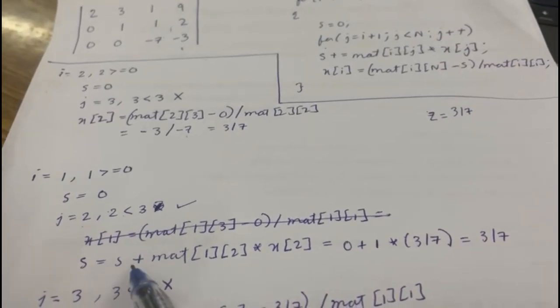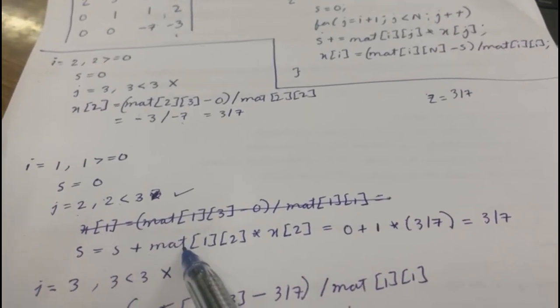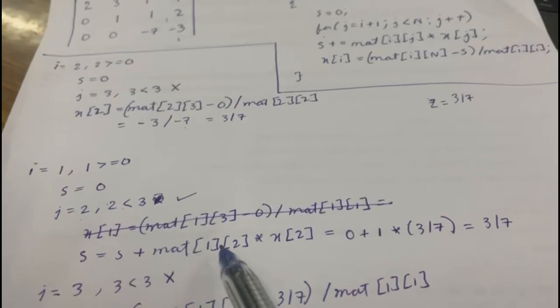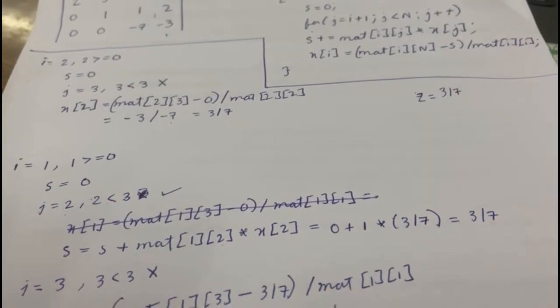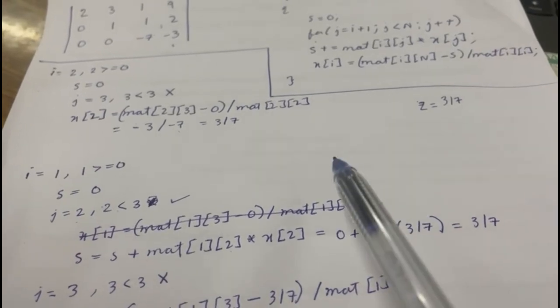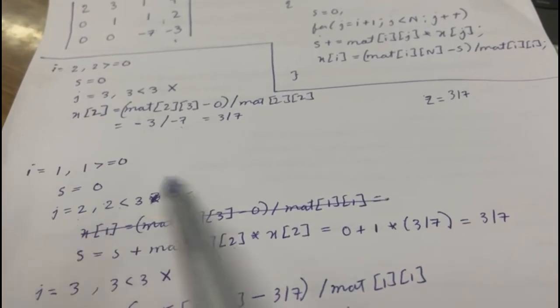So s equal to s plus mat of i j into x of j. i j means i is 1, j is 2. What is x of j? x of j means j value is 2.